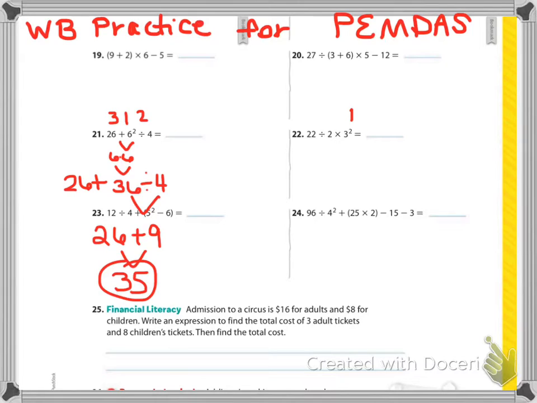Then I need to look, and I'm going to multiply and divide from left to right. Divide comes before multiply, so in that case it would switch. So those numbers on top of the expression are reminding me the order, and then I start working on the calculations for my problem. That's a strategy that may help you.